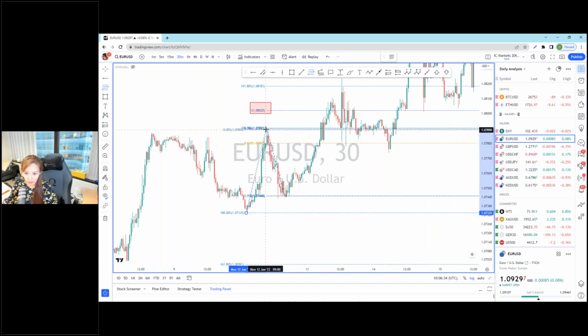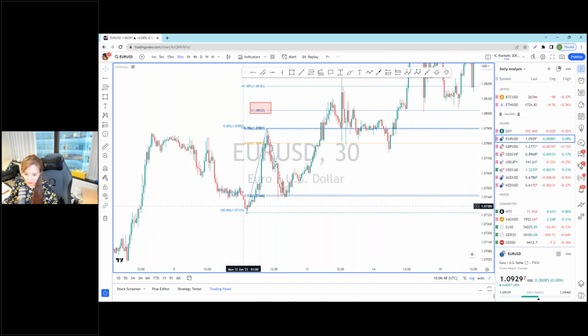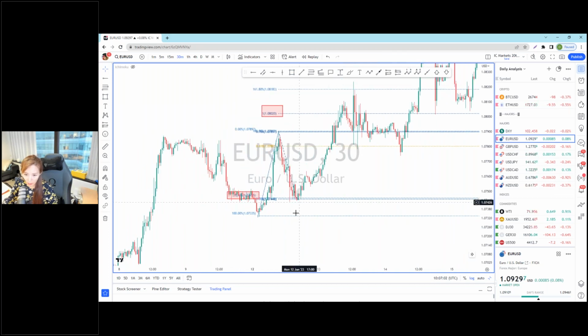I think this one should be at 78%. You can see right here, starting point, ending point, price retraced at 78.6%, which is this level.